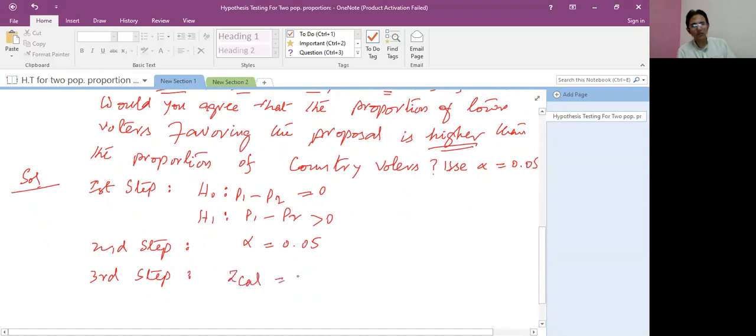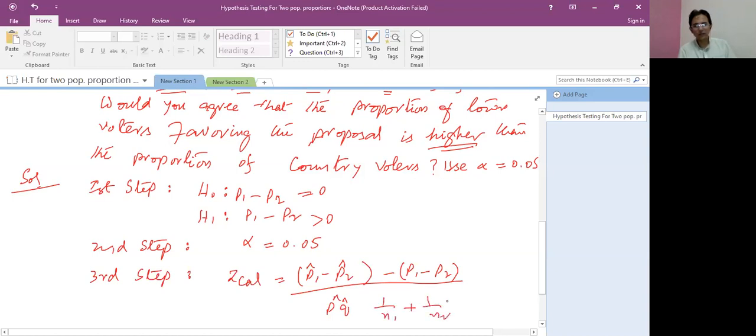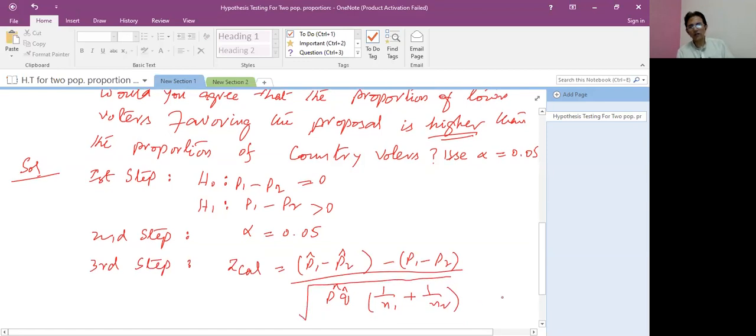So Z calculated is (P1 cap minus P2 cap minus (P1 minus P2)) upon the square root of P cap Q cap into (1 upon n1 plus 1 upon n2). This is the Z statistic for population proportions, student.